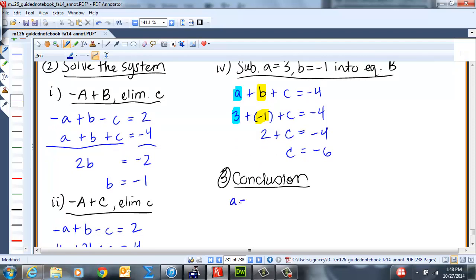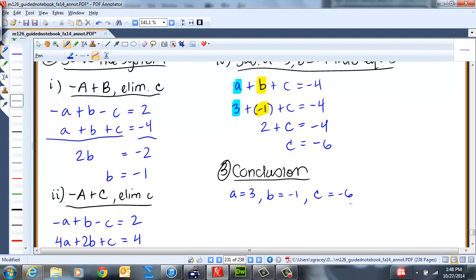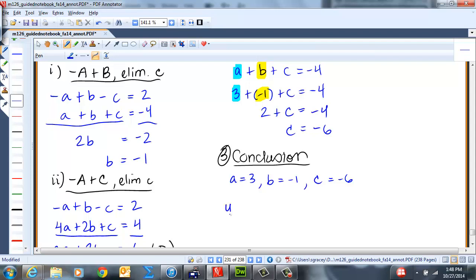We found that a was 3, b was -1, and c was -6. So if you put that together with the general equation, we'll have y is 3x squared minus x minus 6.